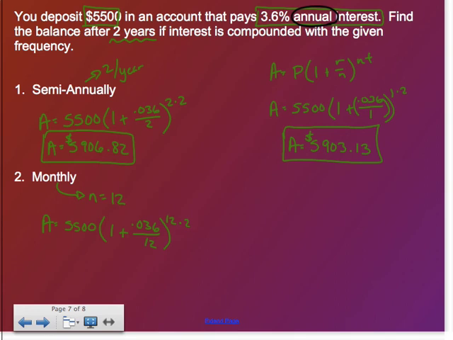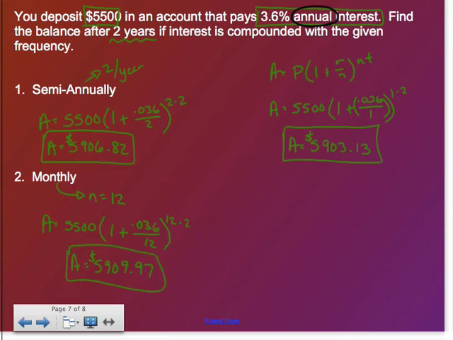One more time, plug it into your calculator. It's going to be 5,500 times the quantity 1 plus the quantity 0.036 divided by 12, all raised to the 12 times 2, which is really the 24th power. And now all of a sudden I'm at $5,909.97.